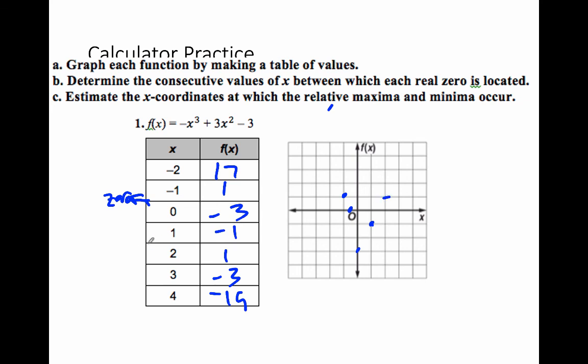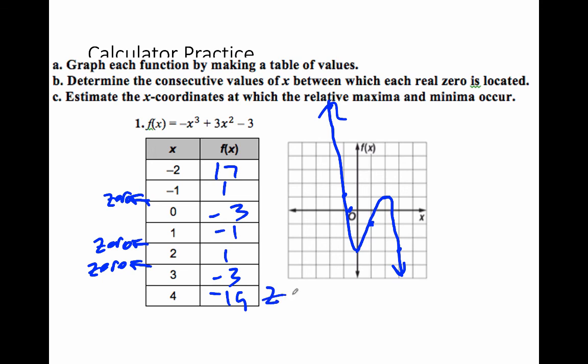So I've got a 0 in here, don't I? And then I've got a 0 in here, don't I? Because I went from 2, 1 to 3, negative 3. I'm crossing the river. So my sketch comes down, goes up, and comes down. So let's see what happened here.